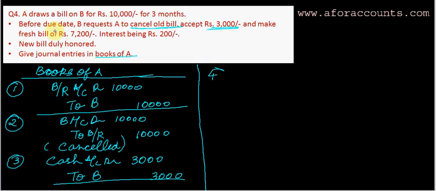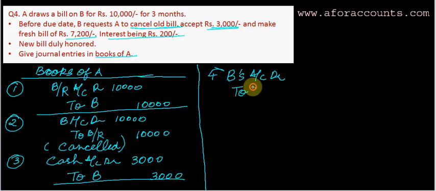Okay, and make fresh bill of 7,200, interest being rupees 200, because he cannot pay 7,000 right now. What he says is take interest from me 200 and make a fresh bill of 7,200. So first interest charged on extended period needs to be recorded. So it will be B's account debit because I am receiving interest.